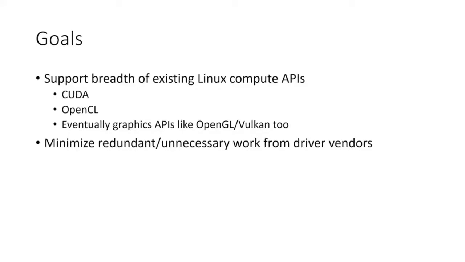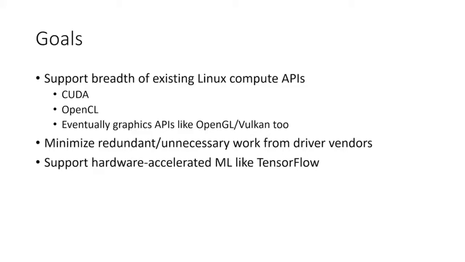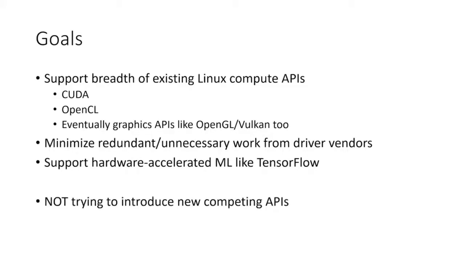We would like to minimize any unnecessary or redundant work that our driver vendor partners would have to do. We want to support hardware-accelerated machine learning frameworks, for example TensorFlow. And it's very important to understand that we are not trying to introduce any new competing APIs at this point. We're really just trying to support what already exists in Linux, your existing apps.